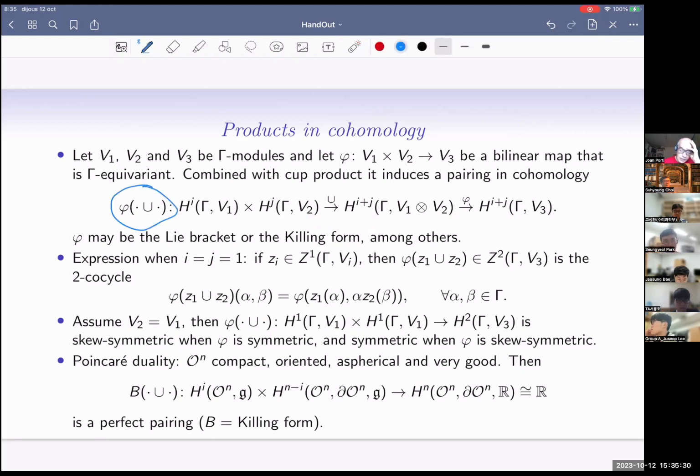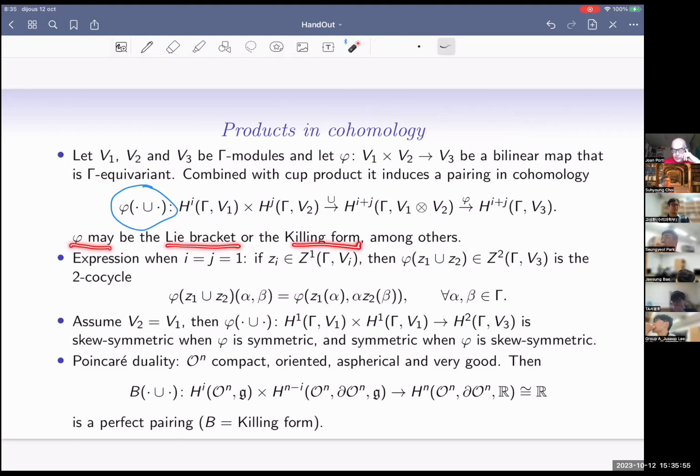This just means the combination of the cup product here with phi. So you take two cocycles, or two elements in this cohomology, and I get something here. And there are two choices we are interested in. There will be more, but the main two are the Lie bracket and the Killing form.